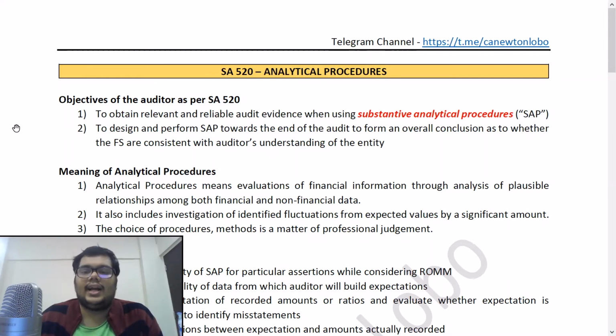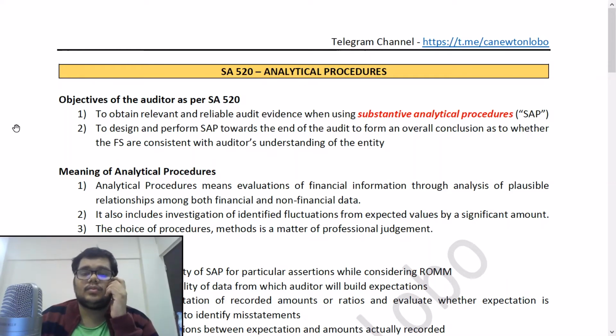It can give us a bird's eye view of what kind of variances have occurred between the four quarters. For a seasonal business, the revenue could be very high in certain quarters and very low in certain quarters. So this kind of substantive analytical procedure can help us identify this very quickly.